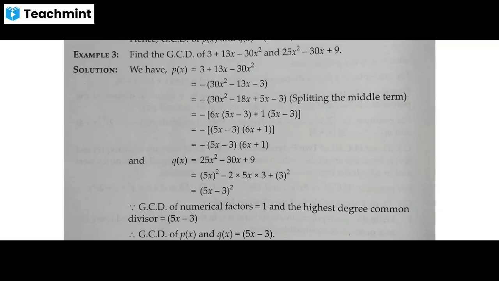So this GCD and LCM are related to factorization, which means that without knowing factorization, nobody can find out the HCF and LCM of given polynomials. So it is almost the whole thing connected with polynomials, in the sense of the factorization part.